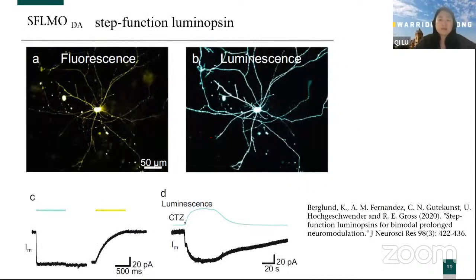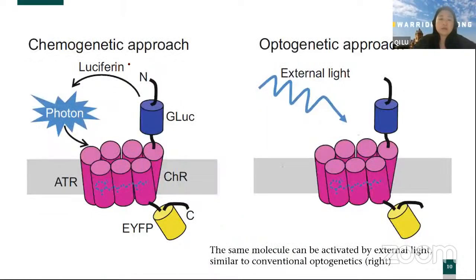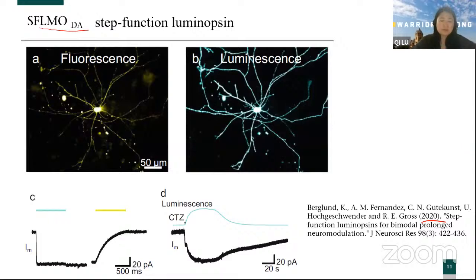Here, in this example published in 2020, the FLMO is a step-function luminopsin. We can see it has a yellowish fluorescence, from the EYFP, which indicates the presence of the fluorescent protein on this whole bioluminescent molecule on these neuron cells.